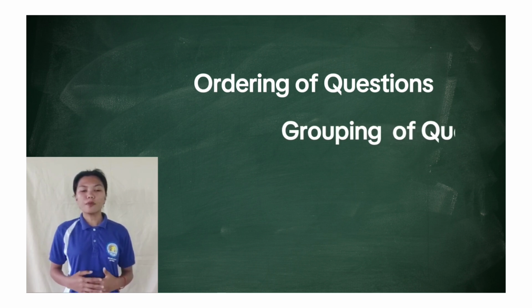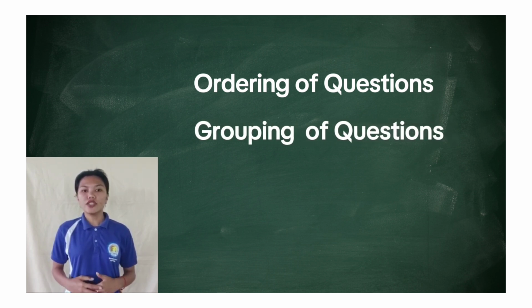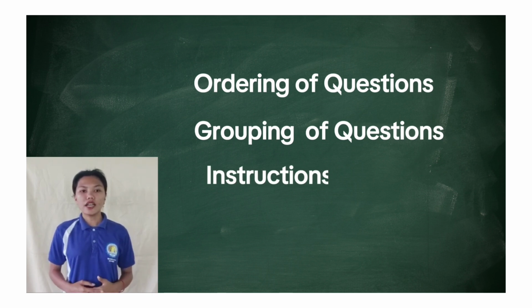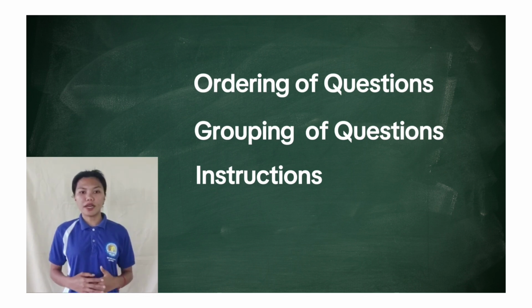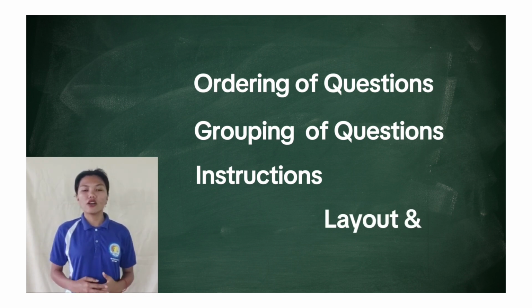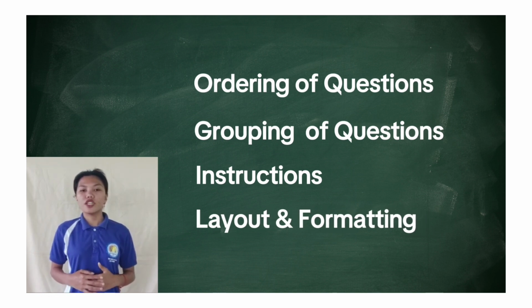Next, grouping of questions, categorizing questions by topic or difficulty level. Then, instructions, clear and concise directions on how to take the exam, including the time limits and the scoring information. And last, layout and formatting, the visual presentation of the exam, including font size, spacing, and use of images or diagrams.